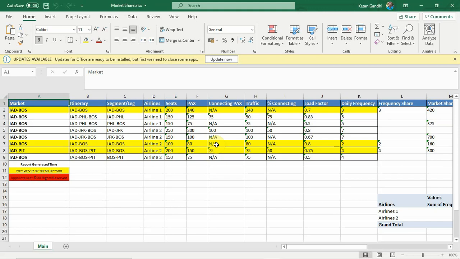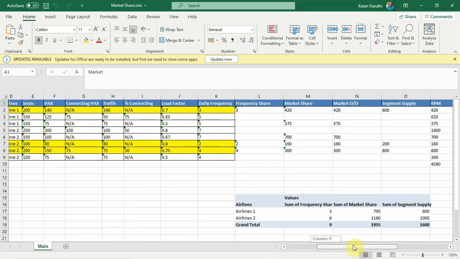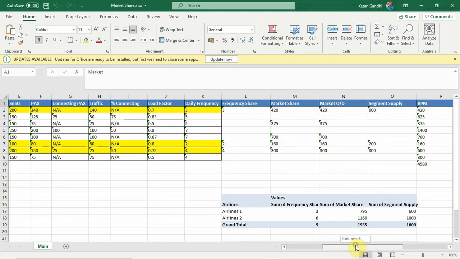So this is the report being generated, where you can see the data which we had input till here, and we can see the other columns, which are automatically generated.